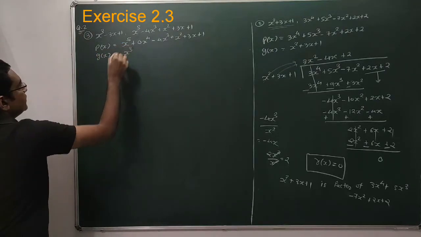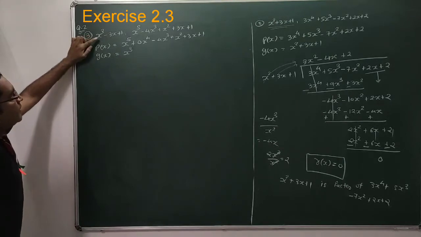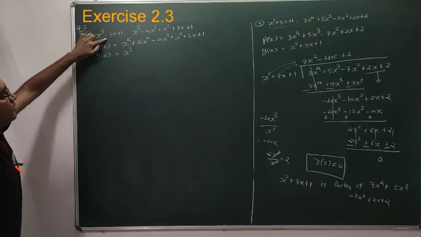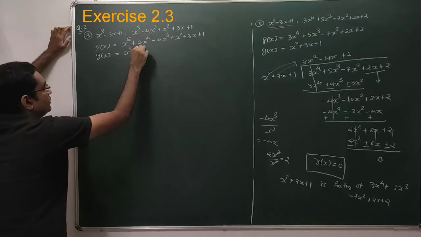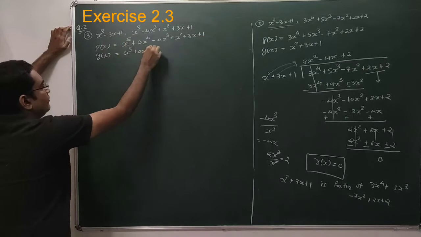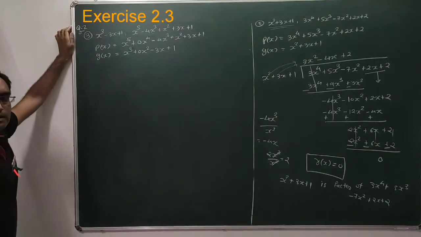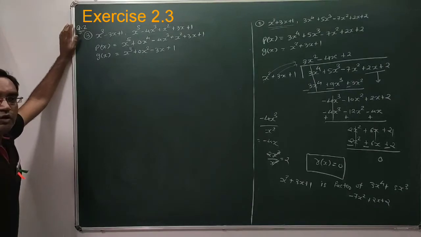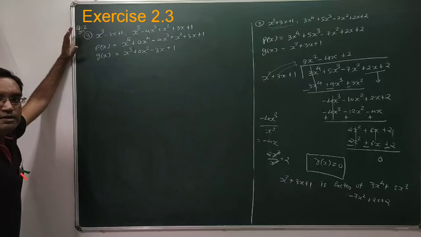to x cube. Now here again, divisor polynomial maximum power of variable x is 3, but term with power 2 is missing. So you have to add that term with 0 coefficient. So it's a 0x square minus 3x plus 1. Clear, student? It is a basic step for the long division of polynomials. First, you have to write the given polynomials in standard form.